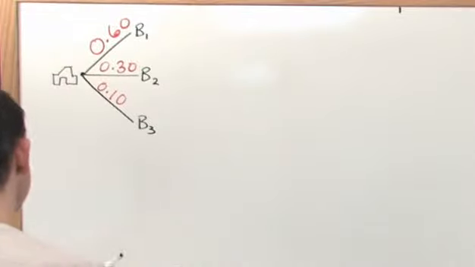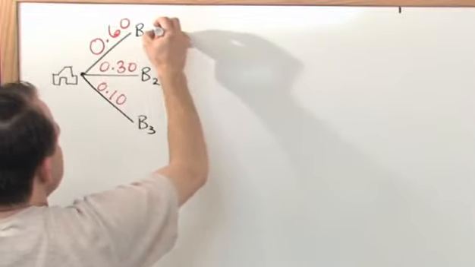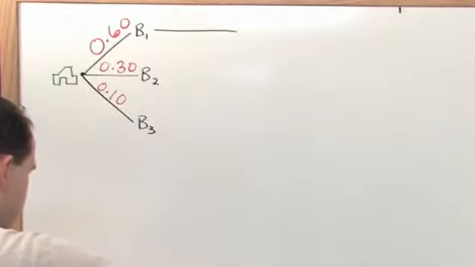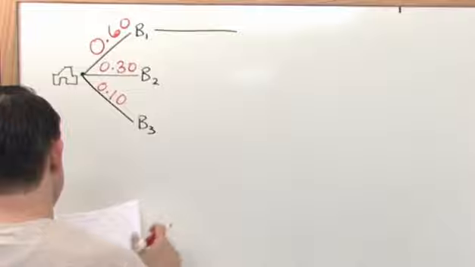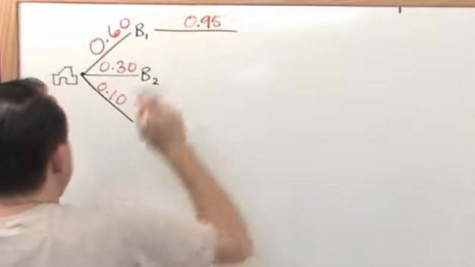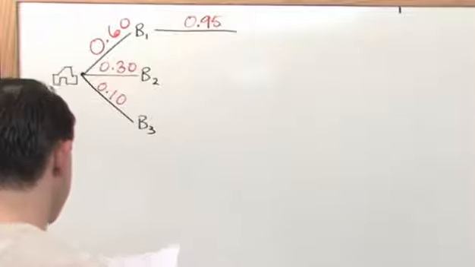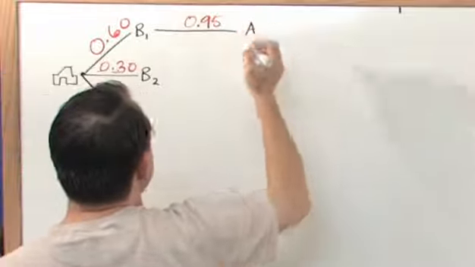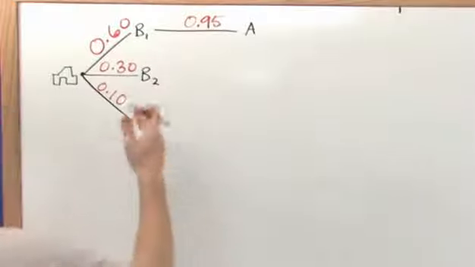Now, furthermore, we know that plant B1 has error-free cars 95% of the time. And I'm going to put a letter out here, A. You'll see why in a second.